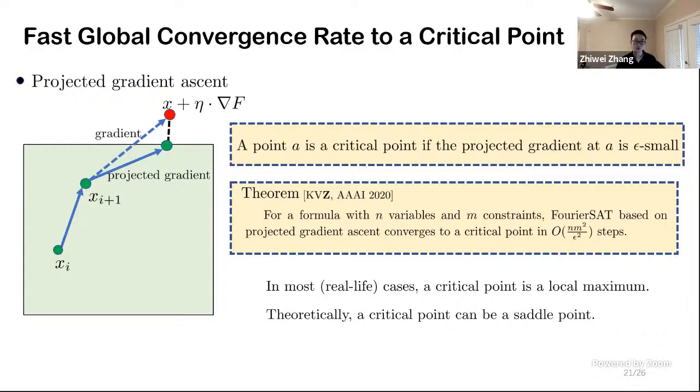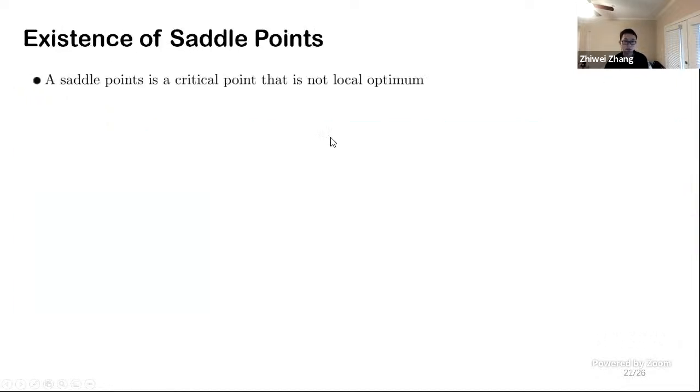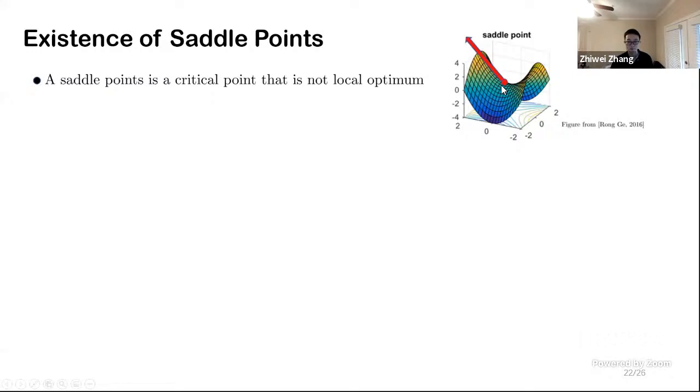On one hand, we prove that local maxima are meaningful, but on the other hand, we can only prove that we will converge to a critical point. The reason this gap exists is because of saddle points. A saddle point is a critical point that is not a local optimum, like this one. Although in real-life cases saddle points rarely exist, in some crafted instances they can appear.